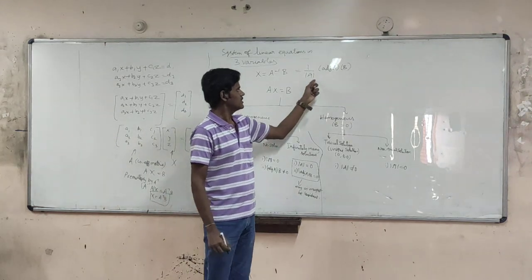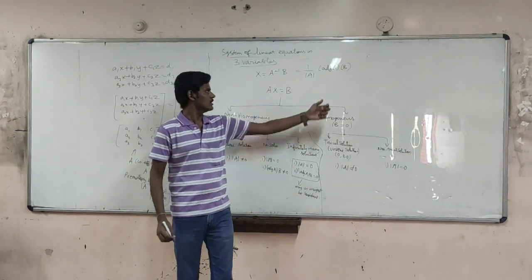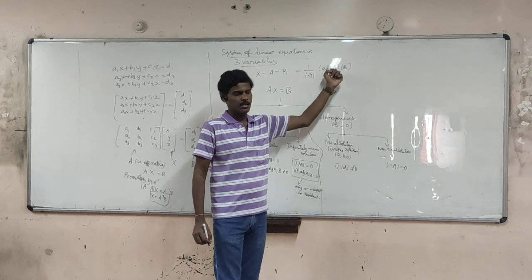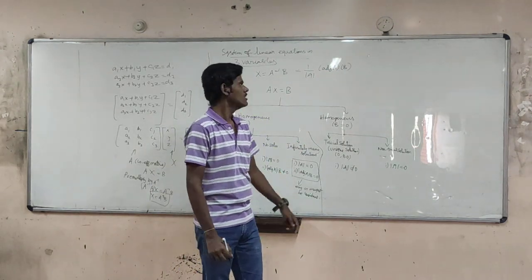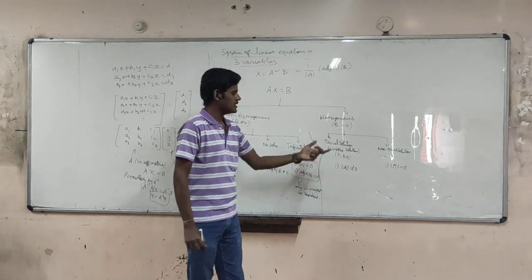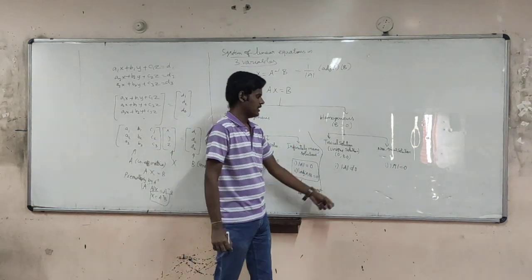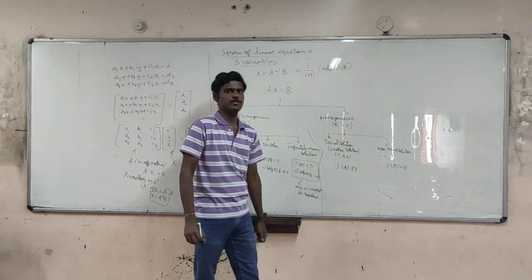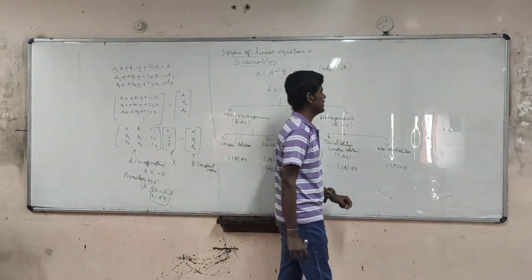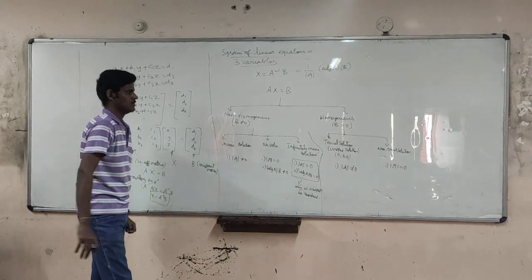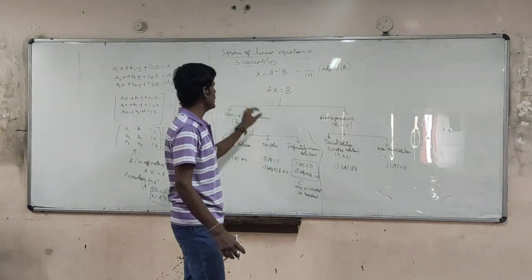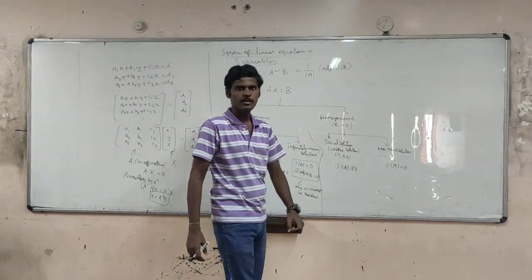Then we have 0 by 0, because this is 0 for a homogeneous equation as matrix B is the 0 matrix. So 0 by 0 means we have infinitely many values, it can be any value. So these are the overall possible cases to solve a system of linear equations using matrices.